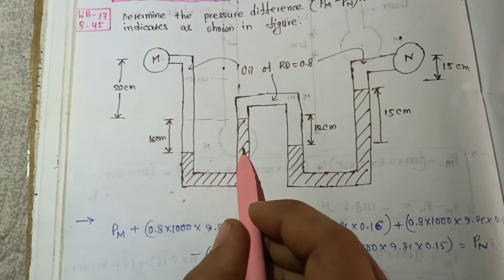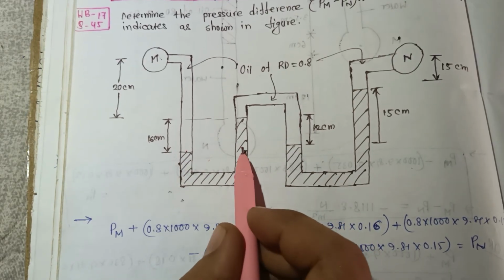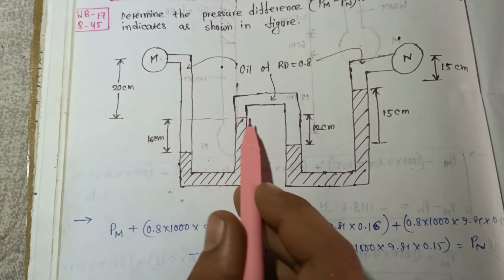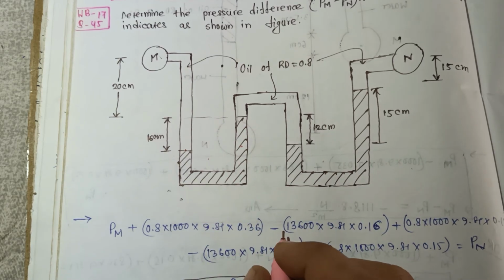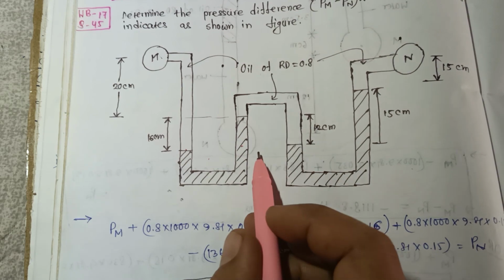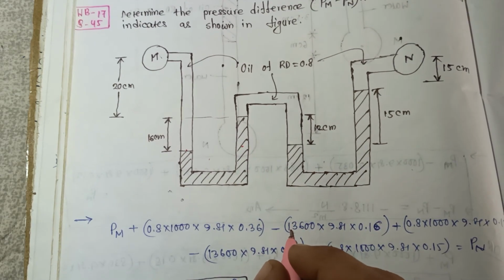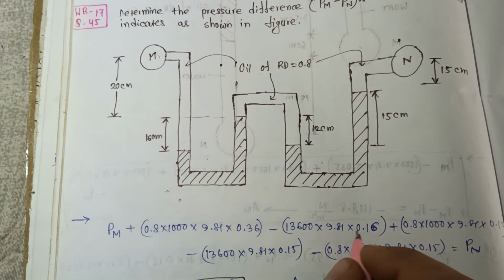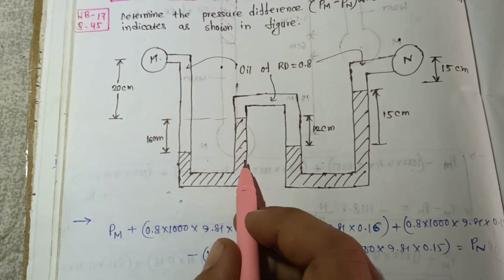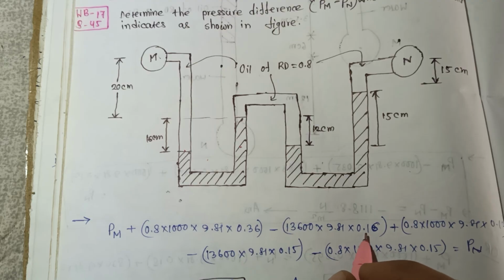Then this point pressure and this point pressure are the same, then it goes in the upward direction, which will be negative. Here the manometric fluid used is mercury, so the density of mercury is 13600 into 9.81 into the distance, which is 16 centimeters, that is 0.16.